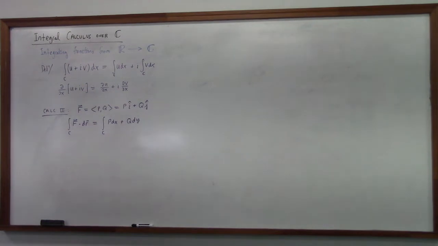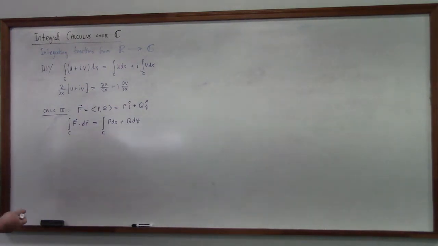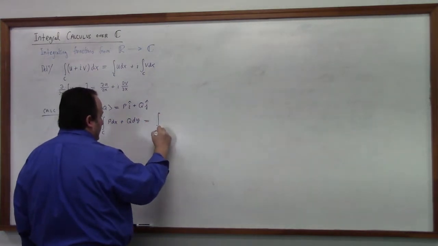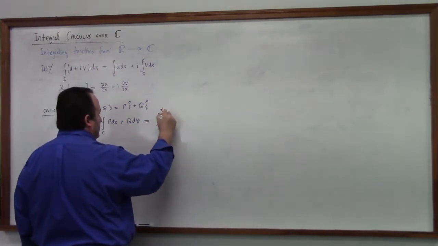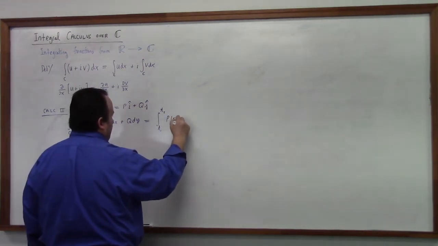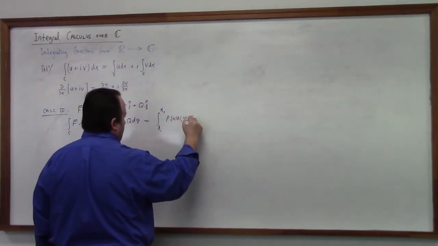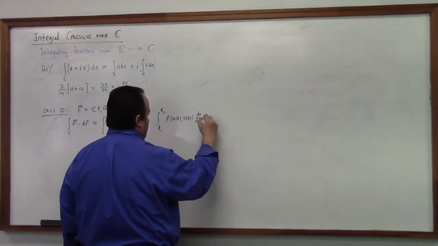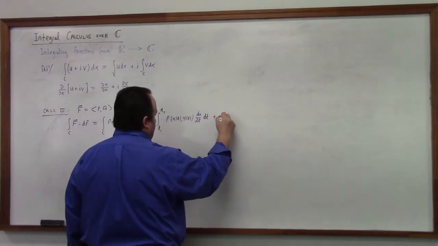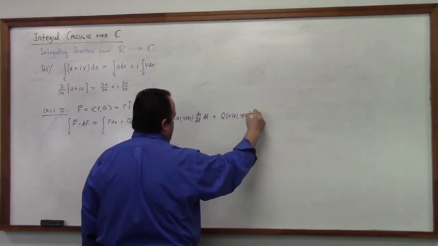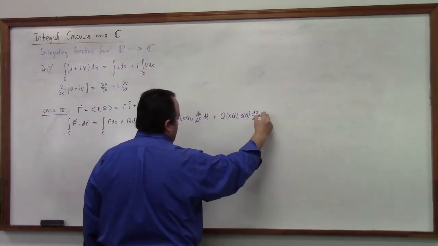And what was actually the mechanics of that calculation? The way we actually did the calculation was something like the integral from t1 to t2 of P of x of t, y of t times dx/dt dt plus Q of x of t, y of t times dy/dt dt, right?